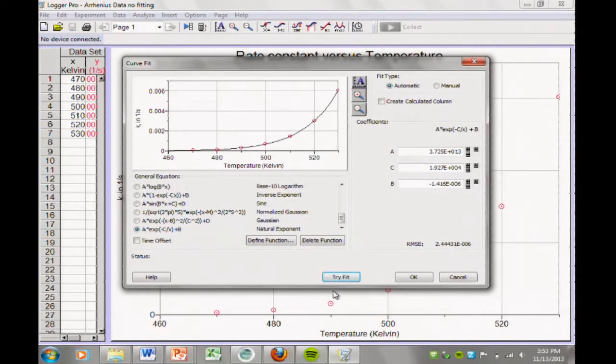SE, close to the bottom above the OK and Cancel, the RMSE. Root mean square? Oh, is that what that means? So I think that is essentially their idea of how good this fit is. If we went back, we could see that that number was probably very large when we started, and now it's getting much, much smaller.